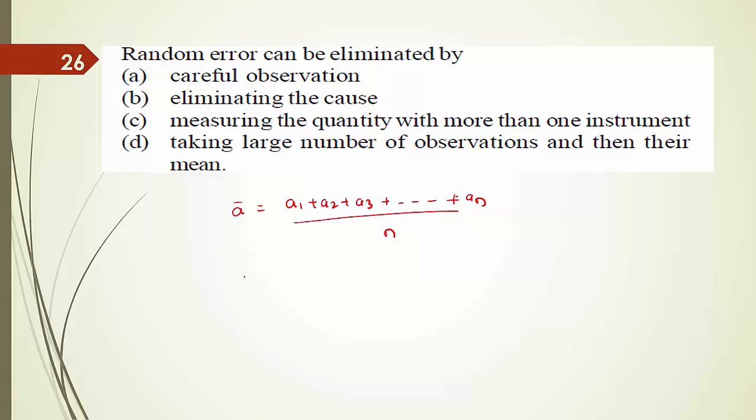Or we can write A bar equals 1 by n, taking it outside, times the summation of Ai, where i goes from the first observation to n trials. Option D is right: taking a large number of observations and then their mean value. So this is the right answer.